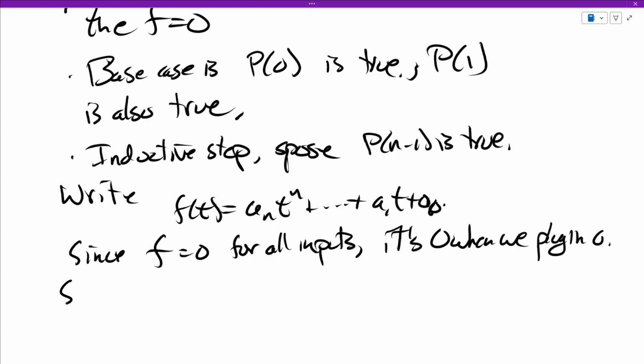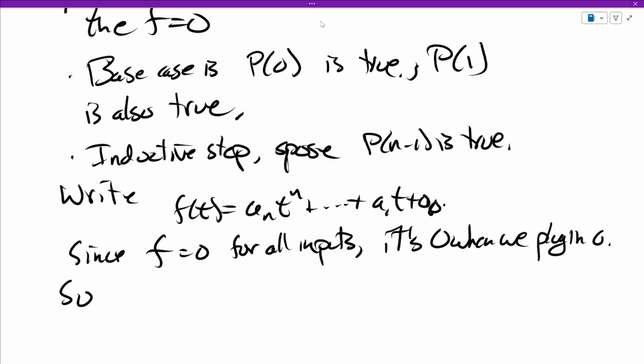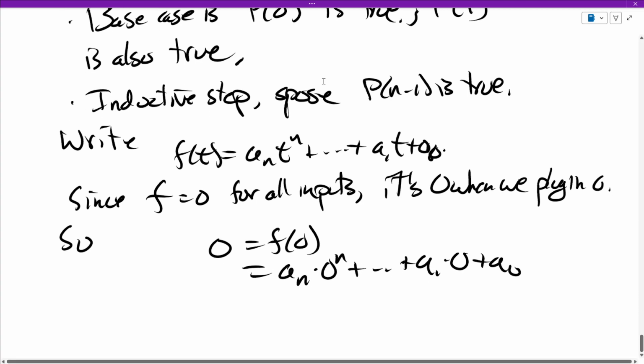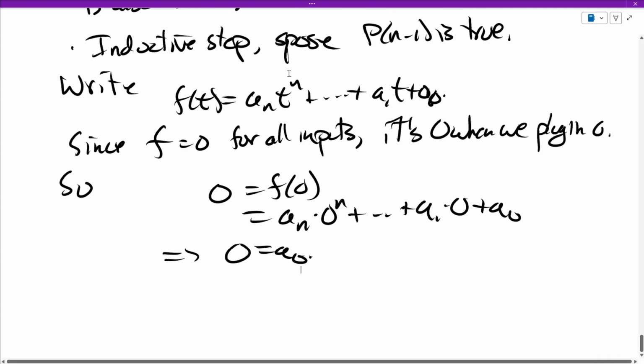So, on the one hand, we get 0 when we plug in 0. On the other hand, we can certainly plug in 0. And what do we get here? We get that 0 is a naught. Great.